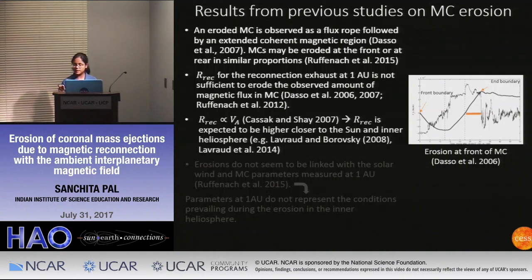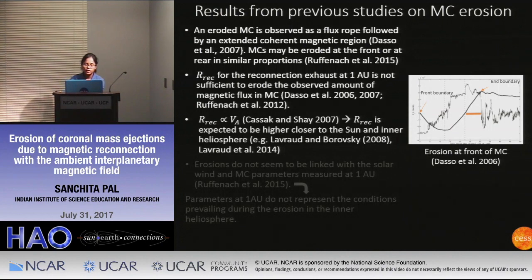They showed that 47 to 67% of the erosion had already started before, at about 0.3 AU. So it is happening well before it reaches the earth, at 1 AU.